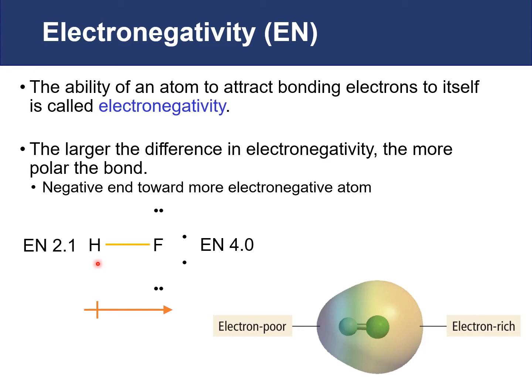Because that electron is being pulled towards the fluorine, you'll get a positive side aligning with the hydrogen and a negative side aligning with the fluorine. The way that we typically write out one of these bond dipoles, where you have a plus end and a minus end, is by putting a plus and then an arrow pointing in the direction of the negative side.